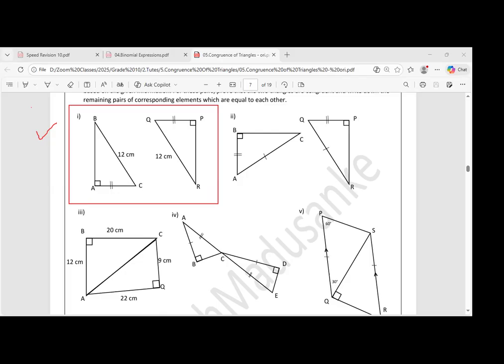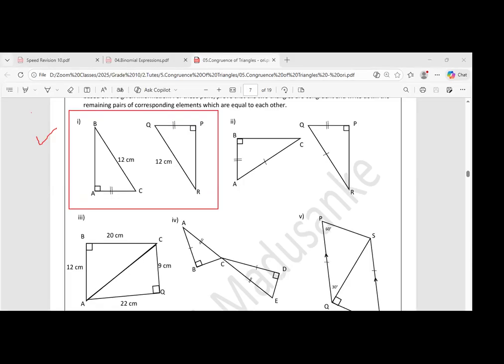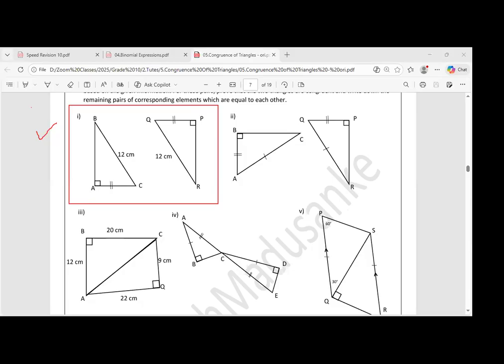I want to see who finishes first. Please send me the corresponding elements in the chat. After doing this, write it down, then type it and send.